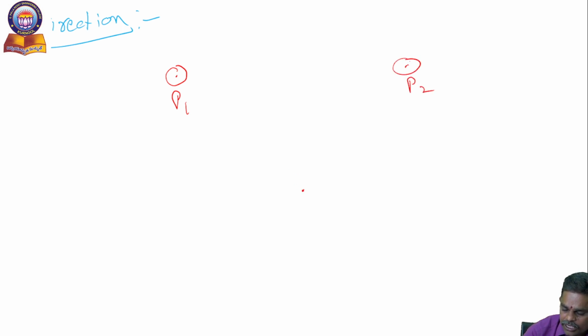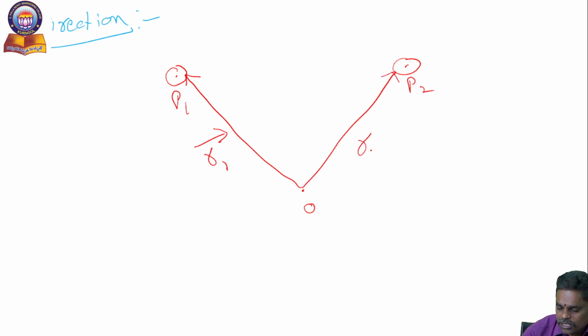Here I am taking this one as the origin. From the origin, P1 is at distance R1 with unit vector R1, moving in this direction, and P2 is at distance R2, with direction like this.